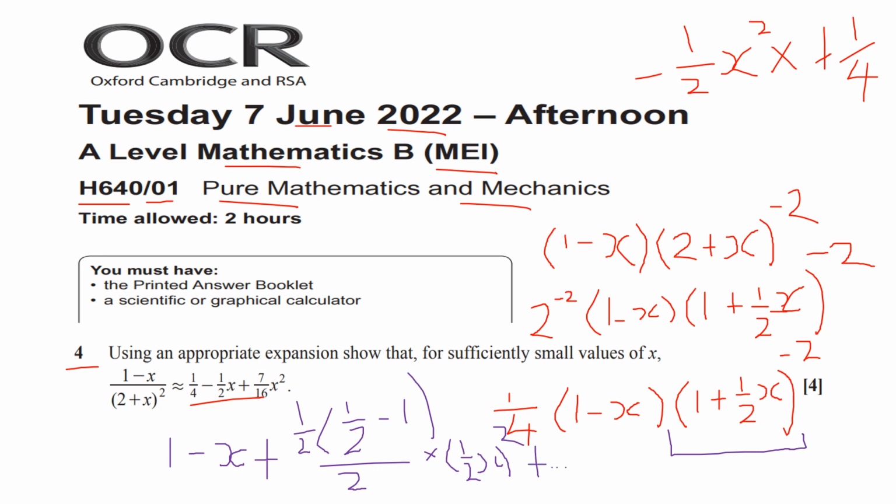Okay, this will simplify to start, be minus a half, minus a quarter, minus an eighth. And then times that by that. That will actually end up being, so let's have a look here. So we got minus a half times my half, that would be minus a quarter, minus an eighth, and then times that by a quarter x squared.